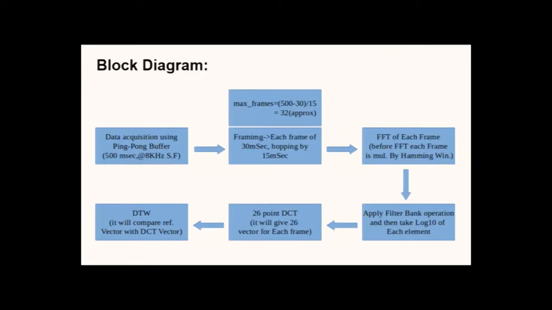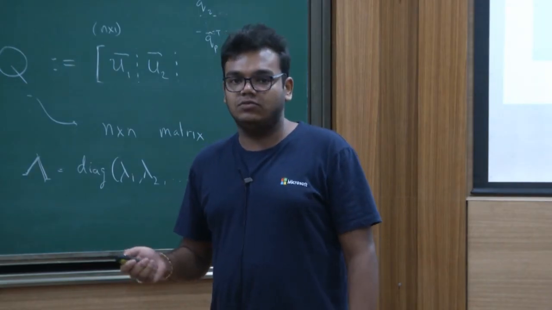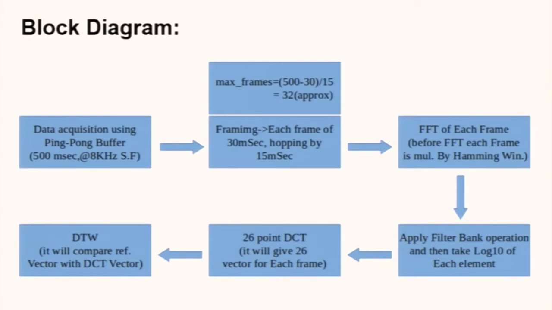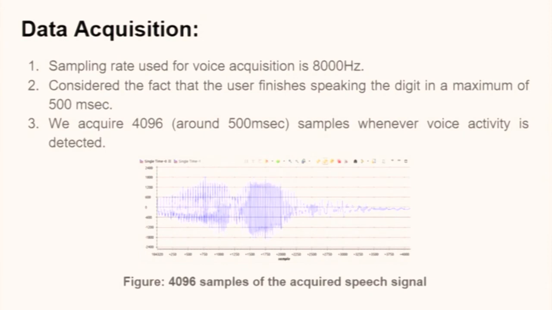For the practical implementation, these are the parameters we have used to make this device work. The sampling rate we have used is 8000 Hertz, and we have assumed that the user finishes speaking the digit in a maximum of 500 milliseconds, not more than that.